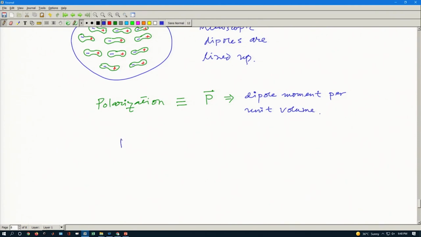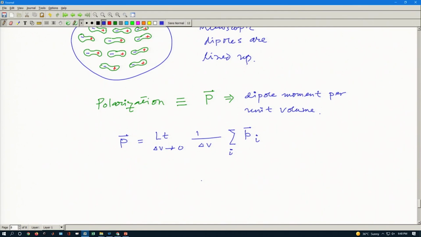Mathematically, if I want to write this polarization, it should be, under the limit delta V tends to 0, 1 divided by delta V, and whatever the dipole moments we have, I should have a summation over all of them.